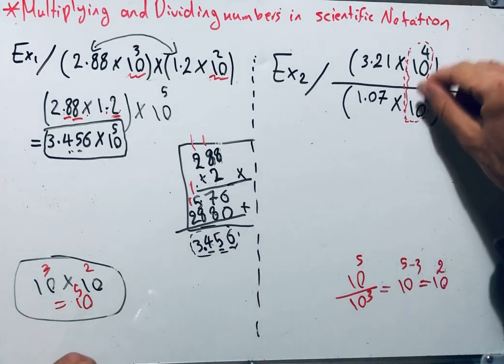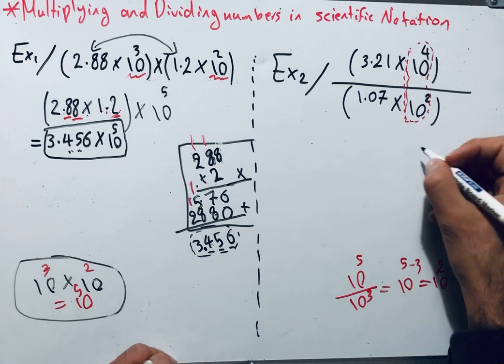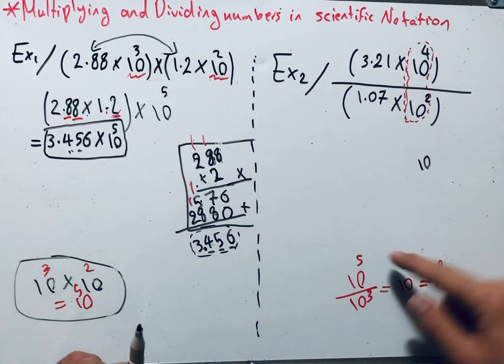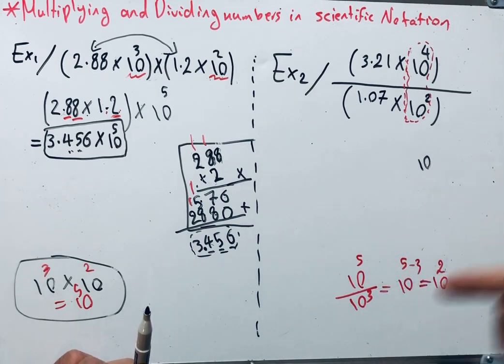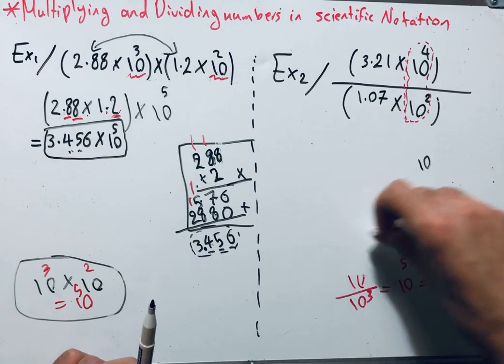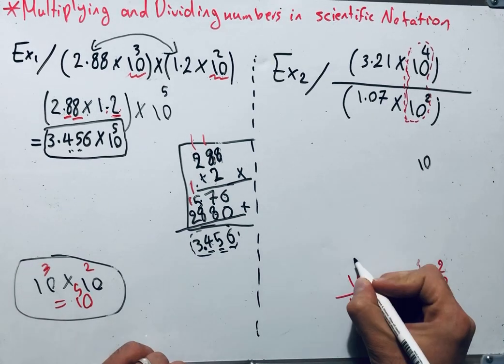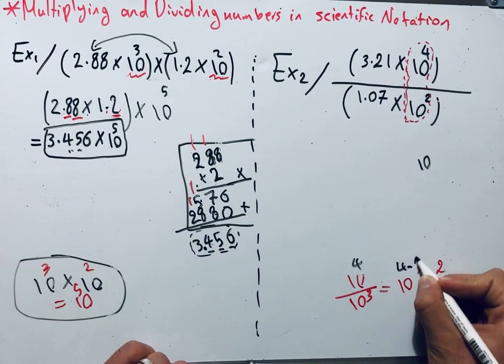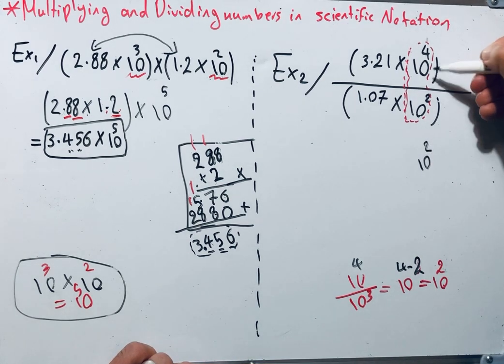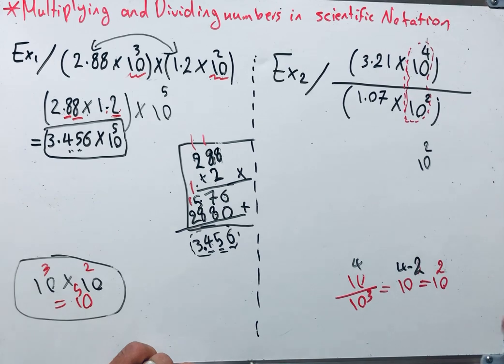So you can remove these and just write what? 10 to the power of, yeah, so that was just to demonstrate the rule. But here we have 4 minus 2, okay? 4 minus 2, which is again just 2, okay? So these two together, you just subtract 2 from 4.